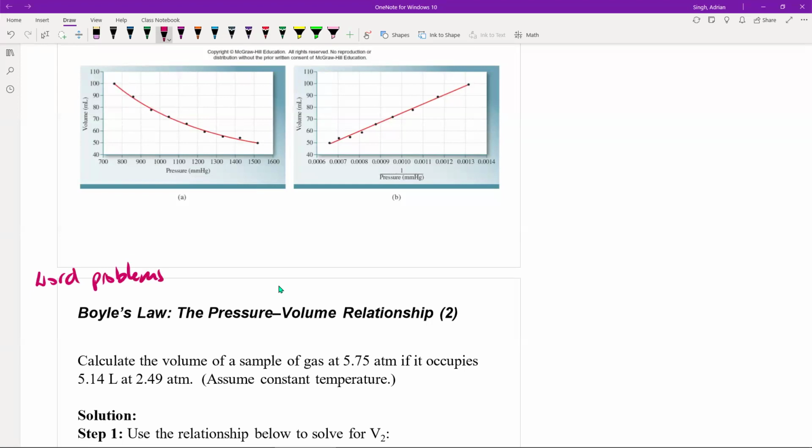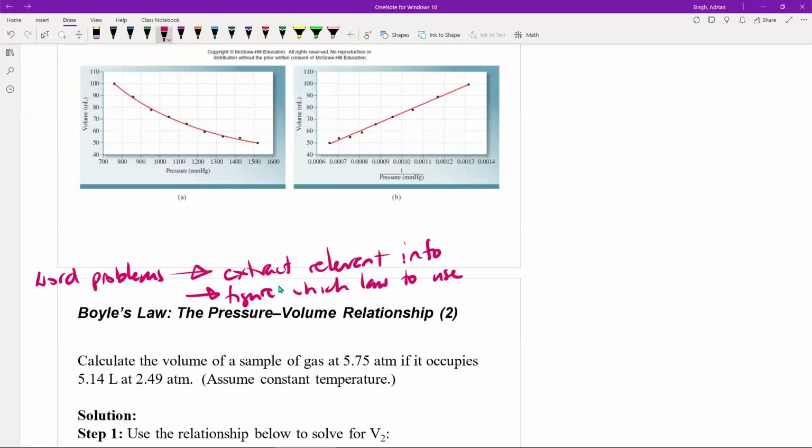And what you need to do, and this is an important skill, is extract the relevant information. In other words, list what you're given, and then based on what you're given and what you need to find, we can then figure out which law to use.